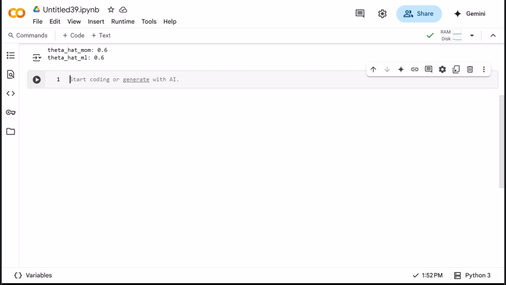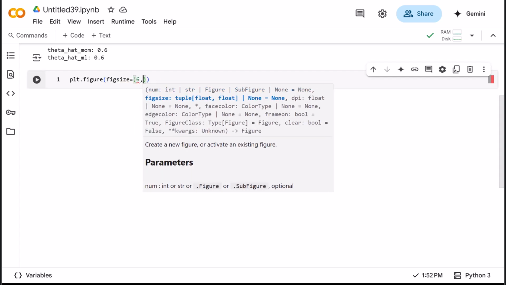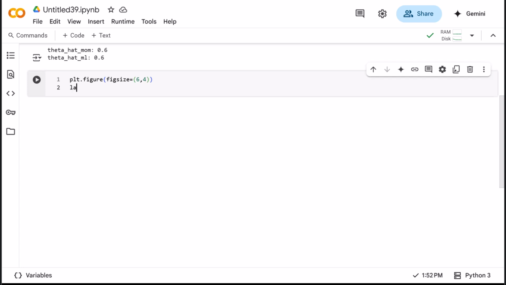Then we're going to plot them using a bar chart of the point estimates. So plt.figure with figsize equal to 6 and 4. Then here labels equal to MOM estimate and MLE estimate.